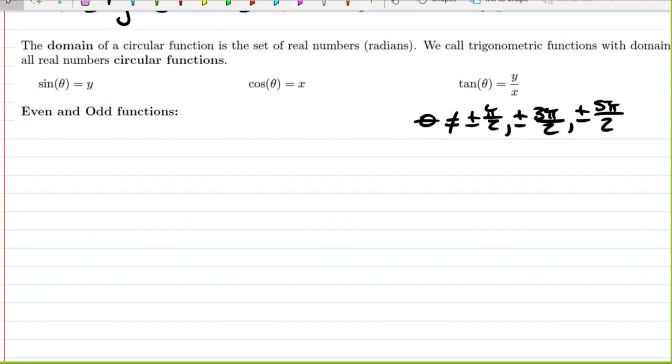Alright, so the next thing we want to talk about is even and odd functions. If we think back to chapter 2, it's been a while, we had some definitions for each of these. A function is even if the following is true.